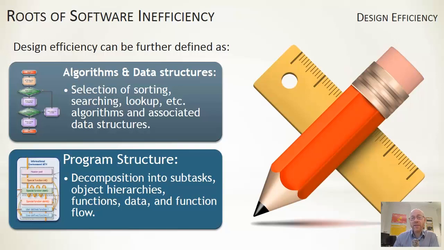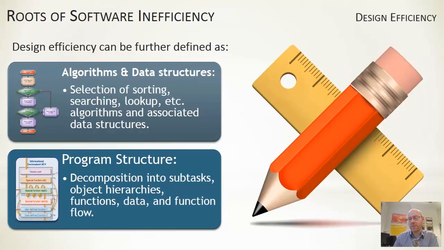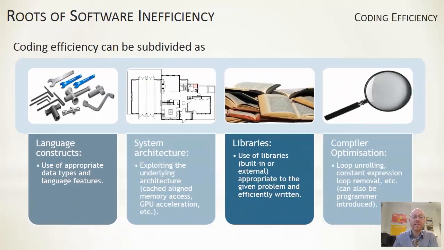For coding efficiency, there are 4 areas here that we've subdivided it into. One is the language constructs. Different languages will provide different features, and we want to use the features, the data types, the language constructs that are available to us that enable us to implement this in an efficient manner.